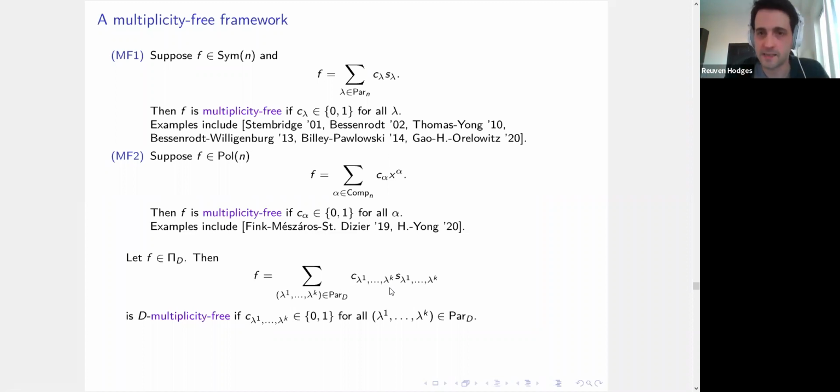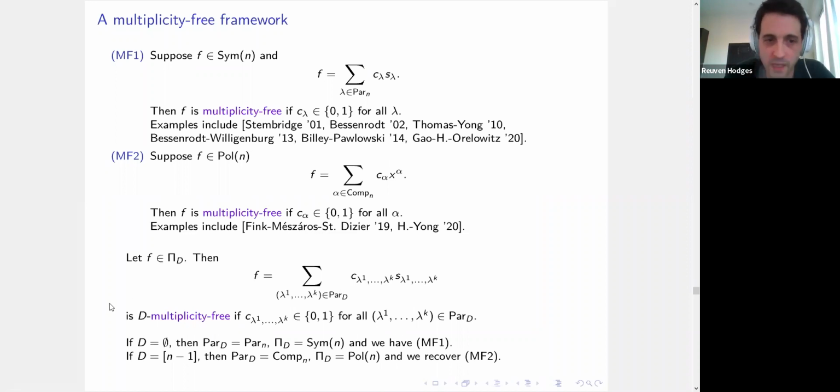The point is, this is a framework that generalizes these two disparate types of multiplicity free problems. When d is equal to the empty set, then Par d is just partitions, and pi d is just symmetric polynomials. So asking if something is d-multiplicity free when d is the empty set is just asking whether it's multiplicity free in this first sense.